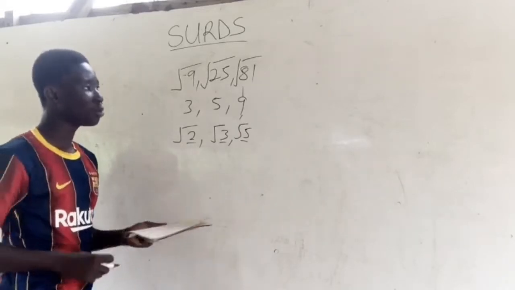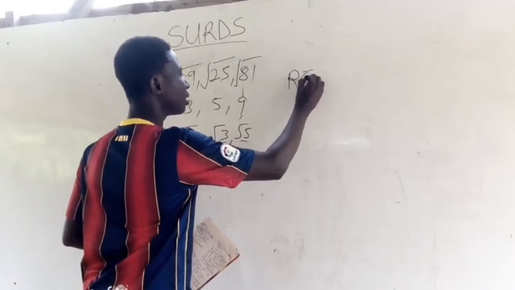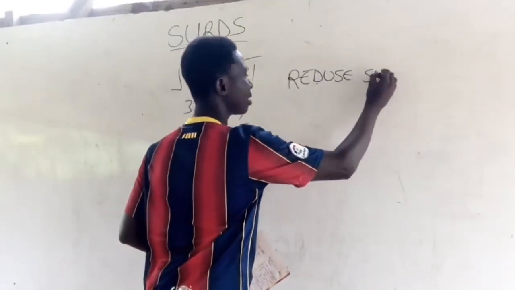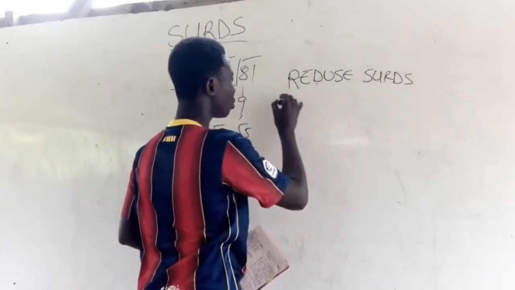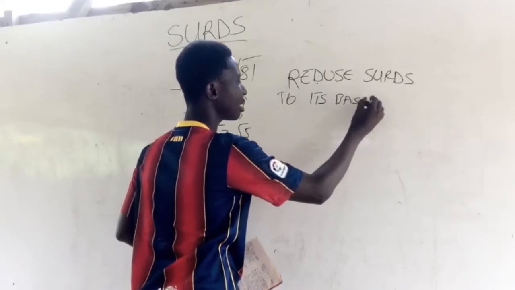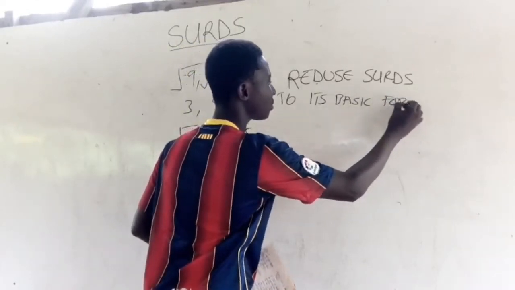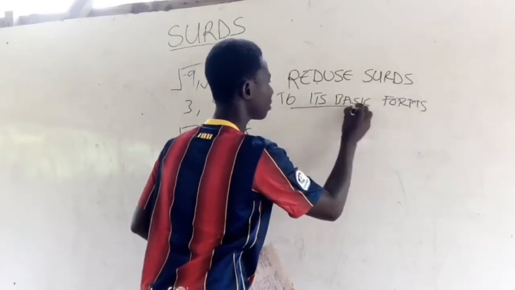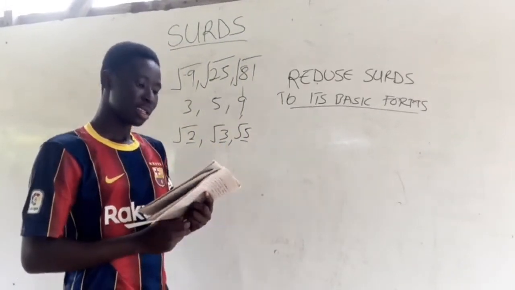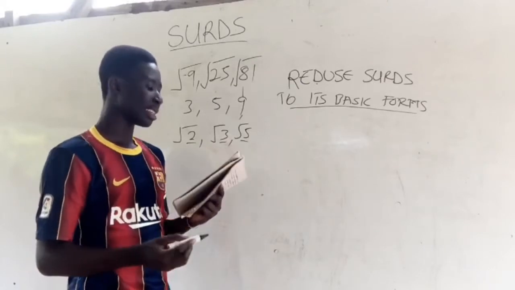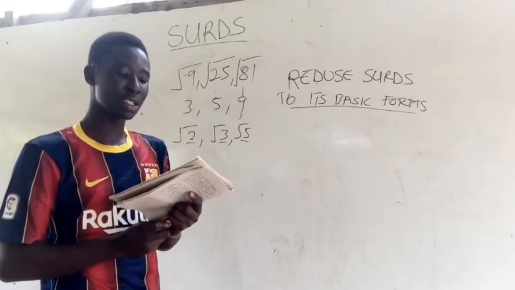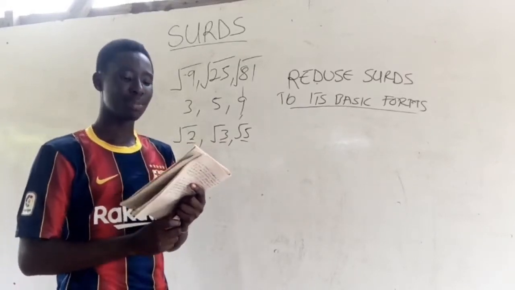So we are coming to reduce surds to their basic forms. Now we say if the root of x is such that it cannot be reduced further, then it is said to be in its basic form.